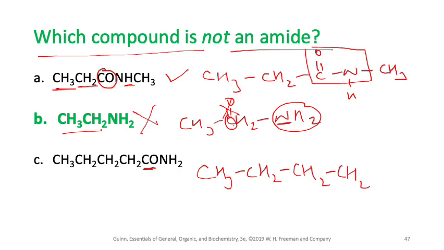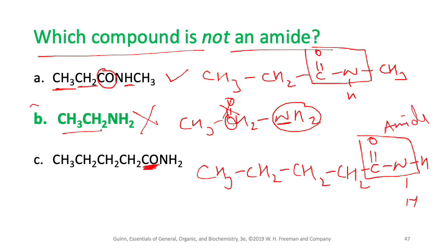The time again you see CO, means this is a carbonyl group, and then you have NH, H, carbonyl plus nitrogen, amide. So B is not an amide, this is just an amine. If you remember from the previous chapter, you have a single bond between carbon and nitrogen, right? And this carbon doesn't have a carbonyl, so this is an amine, not an amide.